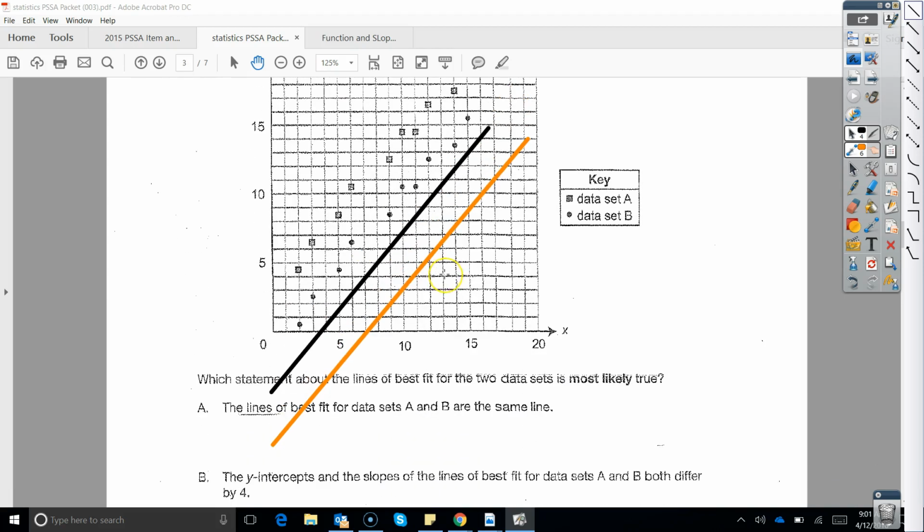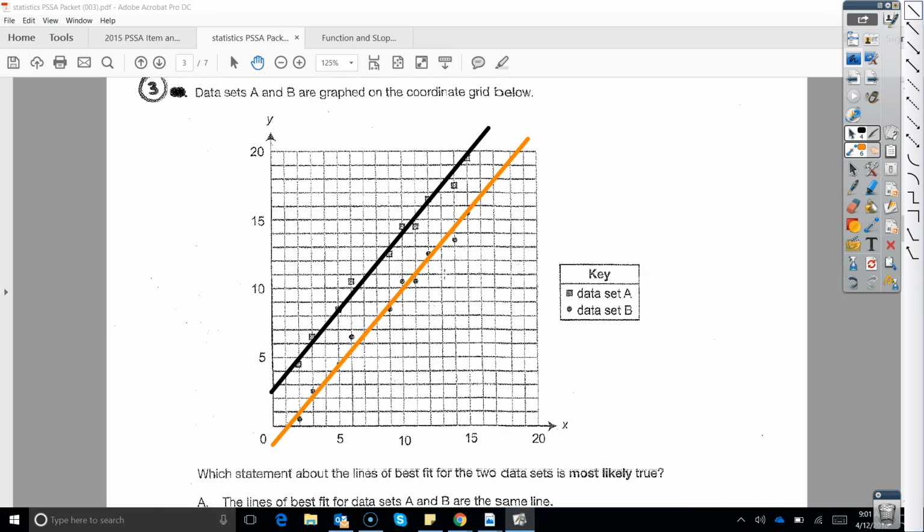The second choice says the y-intercepts and the slopes of the lines of best fit both differ by 4. I would estimate that the y-intercepts would differ by 4, because if I look at different points on my lines and go down 1, 2, 3, 4, it looks like that would be about right for the y-intercept, for any point on the line.